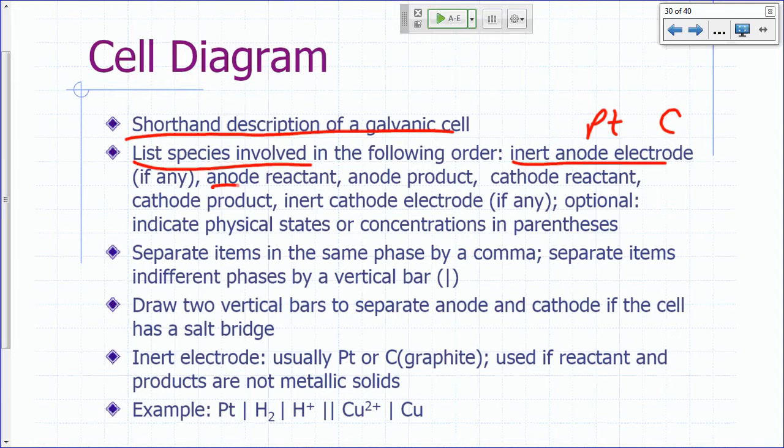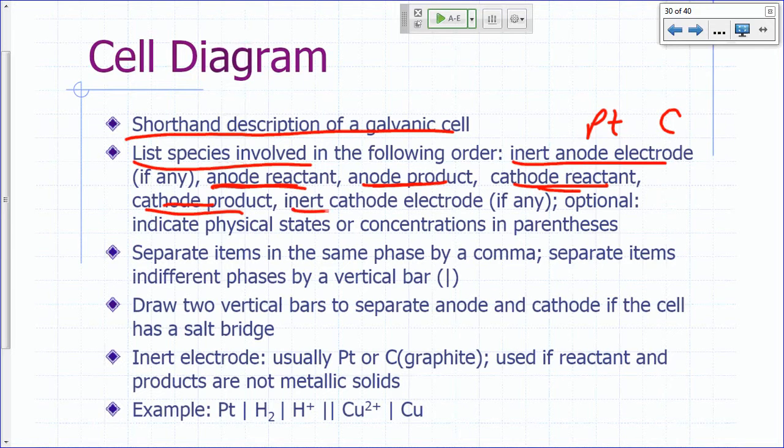Then you list the anode reactant, just the actual species, the ions or molecules involved, then the anode product. So the anode reactant is the species that is oxidized, and the product is what it's oxidized to. Then the cathode reactant, and then the cathode product. The cathode reactant is the species that is reduced at the cathode, and the cathode product is the product of the reduction.